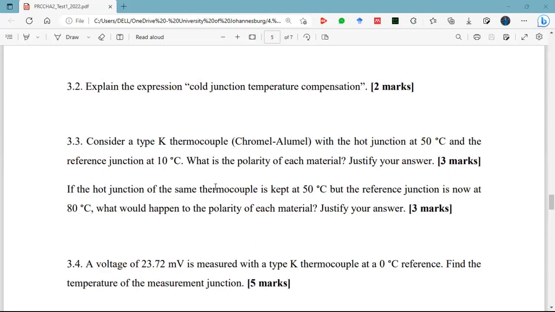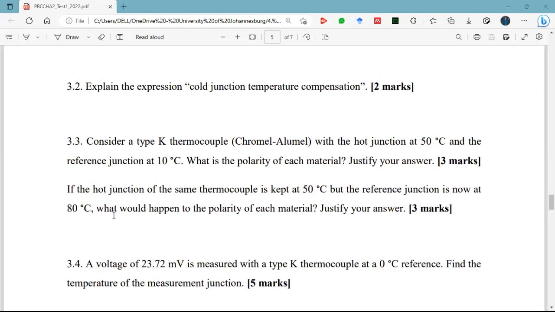If the hot junction of the same thermocouple is kept at 50 degrees Celsius, but the reference junction is now at 80 degrees. You see, the reference junction in this scenario is now higher than the hot junction, right? The hot junction is at 50 and the reference junction is at 80.